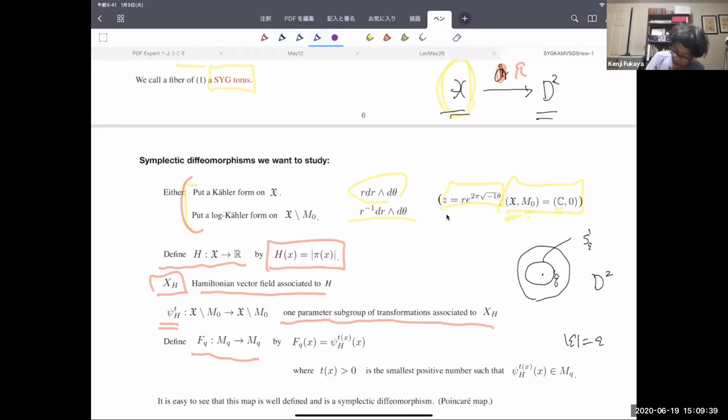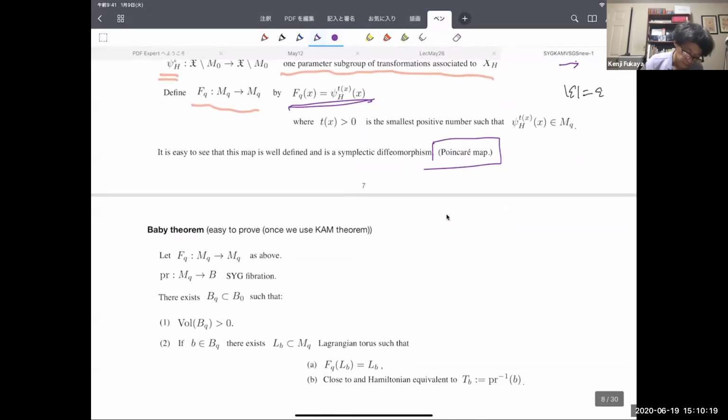So it goes around this circle, and the Hamiltonian vector field always goes this way, and above we have this M_q, and then we come back. This is the first time this one-parameter group comes back. This is the usual construction of the Poincaré map, and one can easily show that this F_q is a diffeomorphism, and also a symplectic diffeomorphism. So we have some particular symplectic diffeomorphism on M_q.